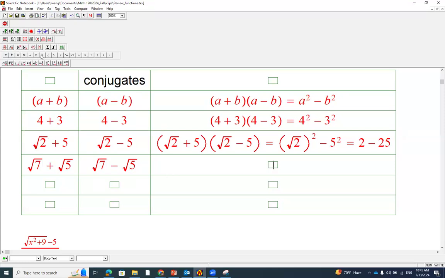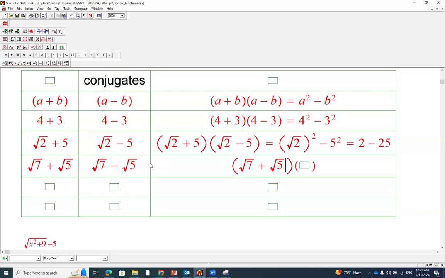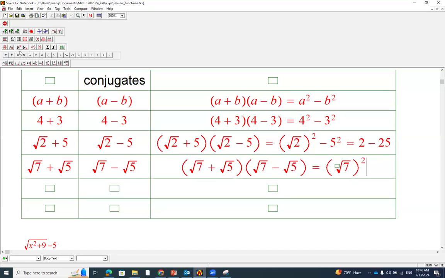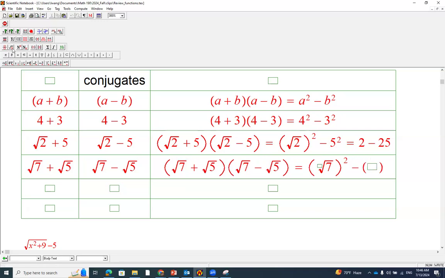And the product, root 7 plus root 5 multiplied by root 7 minus root 5, is going to equal root 7 squared minus root 5 squared.